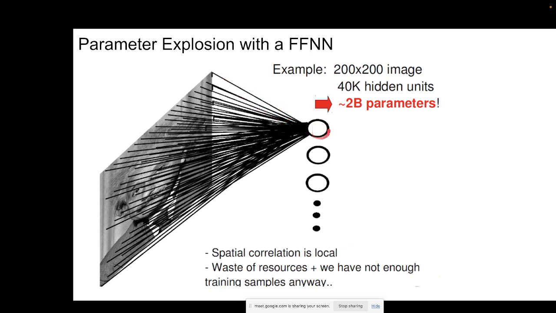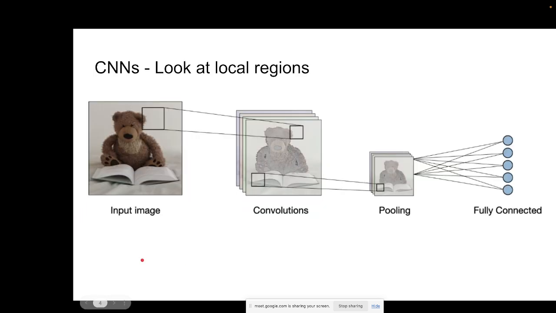So here you can see that all these connections are only meant for this neuron 1. Neuron 2 will have its own set of connections, neuron 3 will have its own set of connections. Here instead, we are saying that we will have a set of parameters, but these parameters will be shared through the entire image.